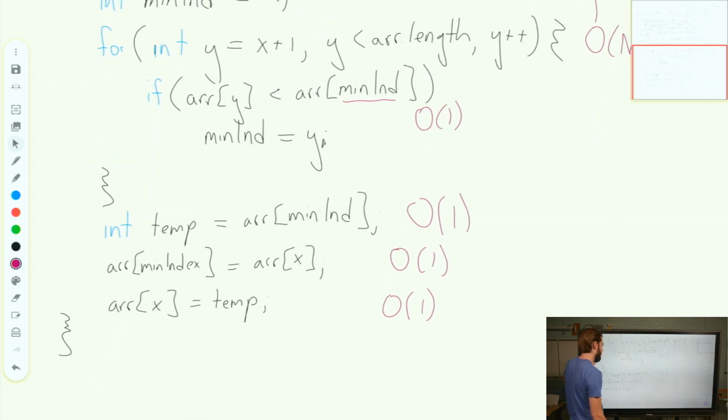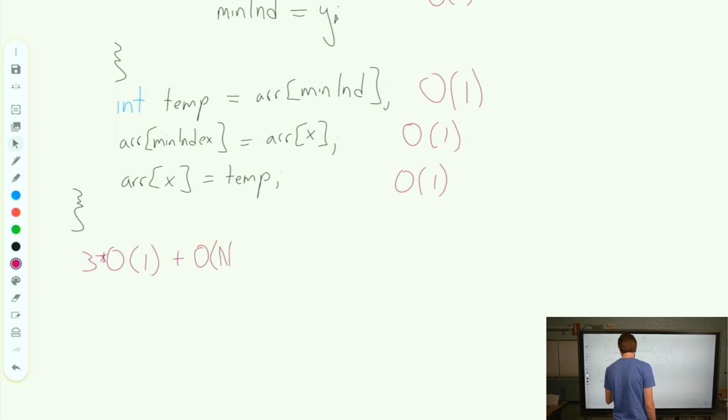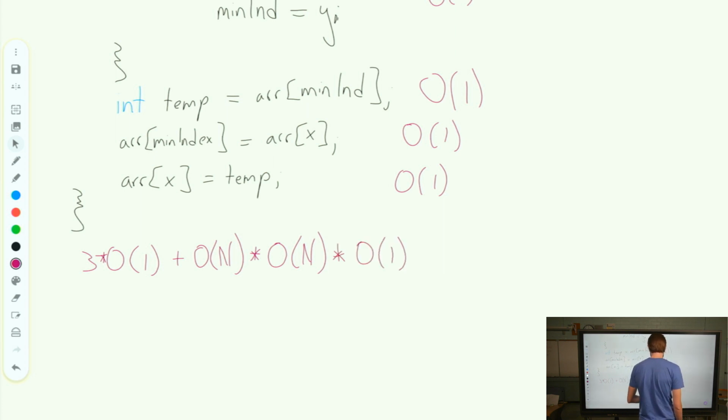So let's compile all of this down here, and we're going to have 1, 2, 3, 3 times O of 1, and this is going to add to, since it's after, it's not inside, our O of n times O of n, which is also times O of 1, because our O of 1 is sitting in the middle there.